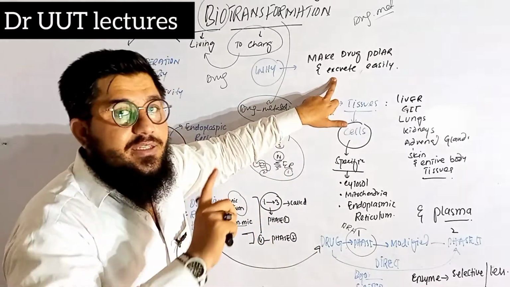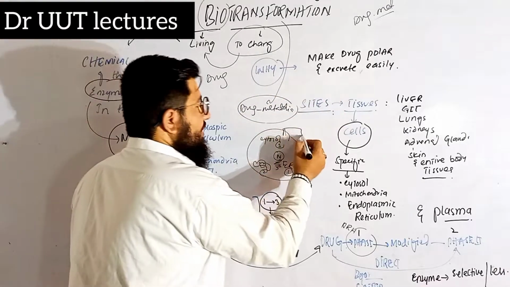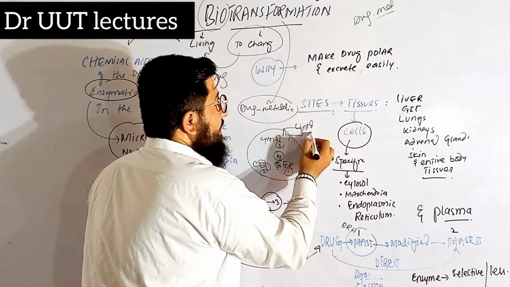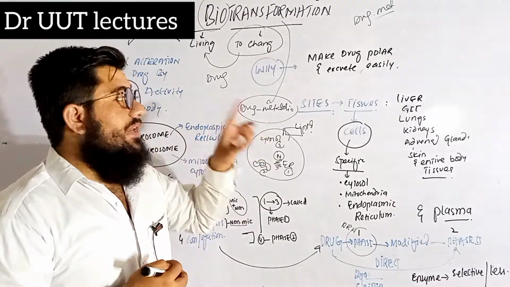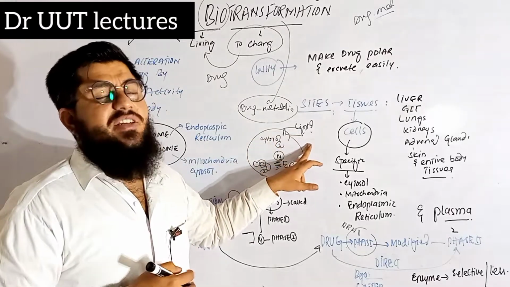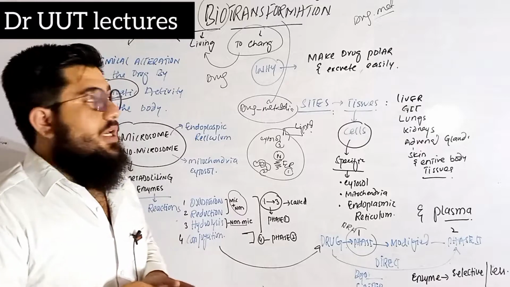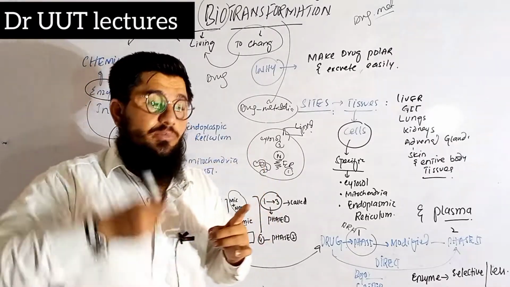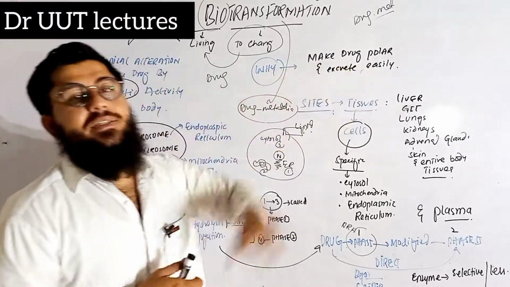A polar drug is not supposed to be absorbed by the membrane. We know the cell membrane is a lipid bilayer, made of lipid. So lipophilic substances can be reabsorbed. But if it is made polar, it has very low chances of being reabsorbed. So the more polar the drug is, the more easily it is supposed to be excreted.